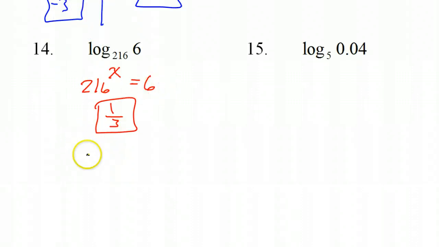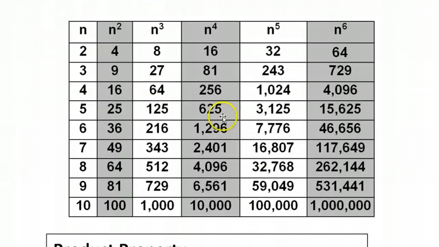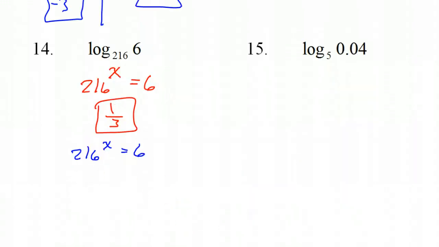I still would have to start from here, so I'm still thinking 216 to the what power is equal to 6. And then if I look at the chart and I see that 216 is 6 to the third power, then I can go, okay, so this is 6 to the third power, and I've got that x, so that's 6 to the 3x power is equal to 6.